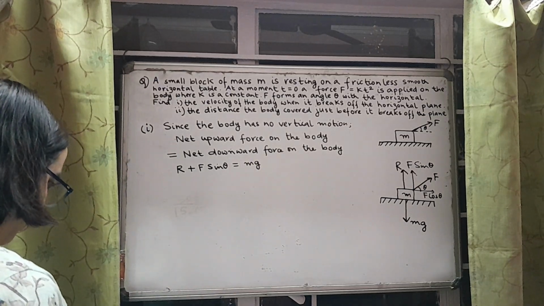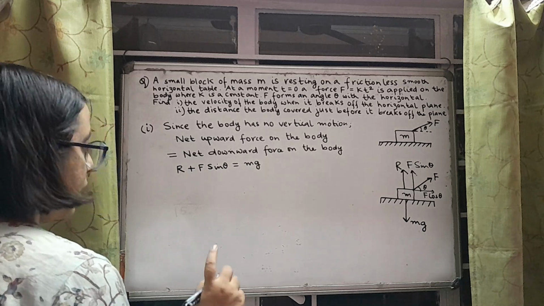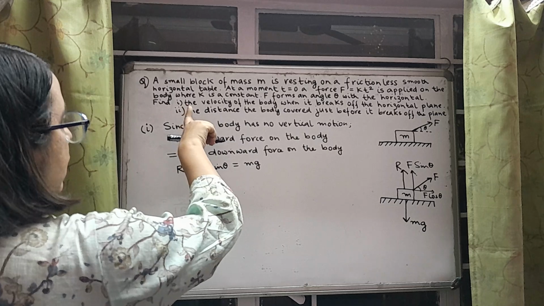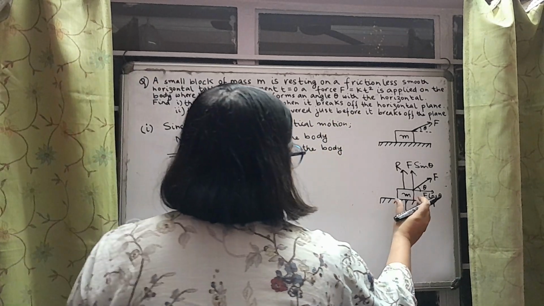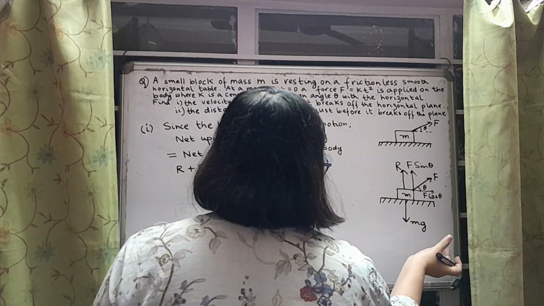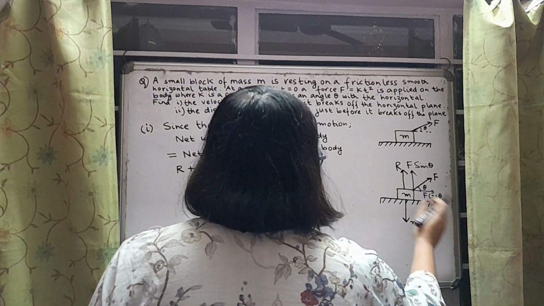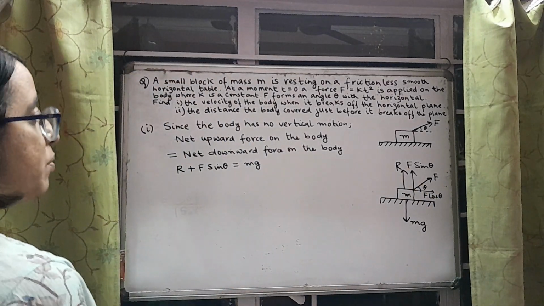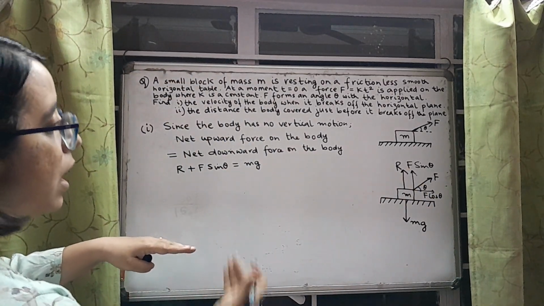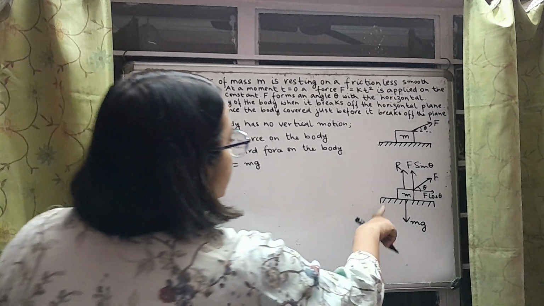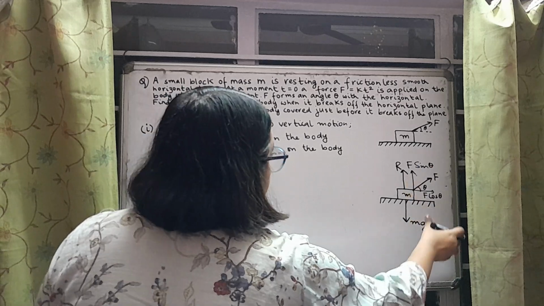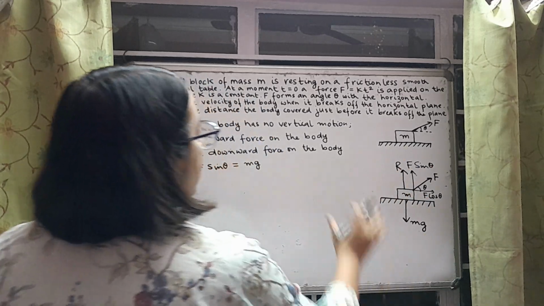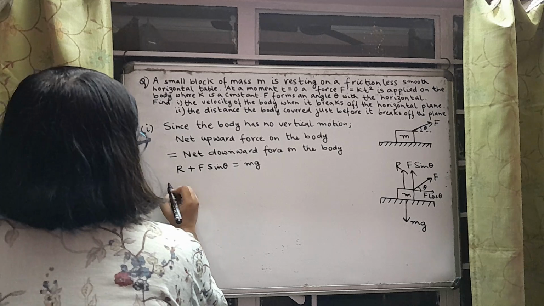Now when the body breaks off the horizontal plane, what does breaking off mean? It moves off the horizontal plane. So when it moves off, the reaction force becomes zero because there's no table pushing it in the upward direction. There is no reaction force from the table, so R becomes equal to 0.